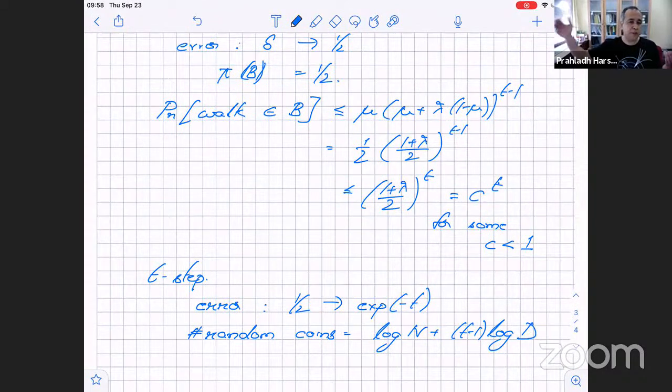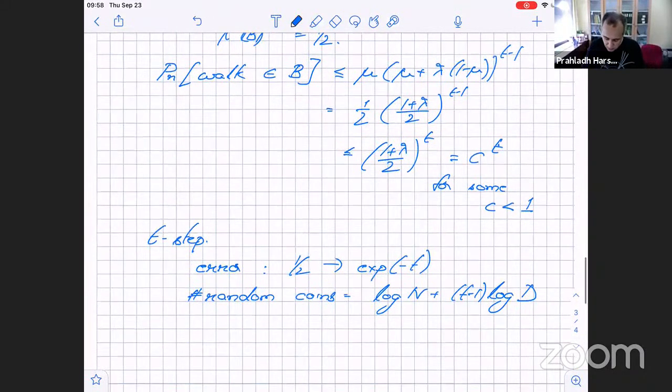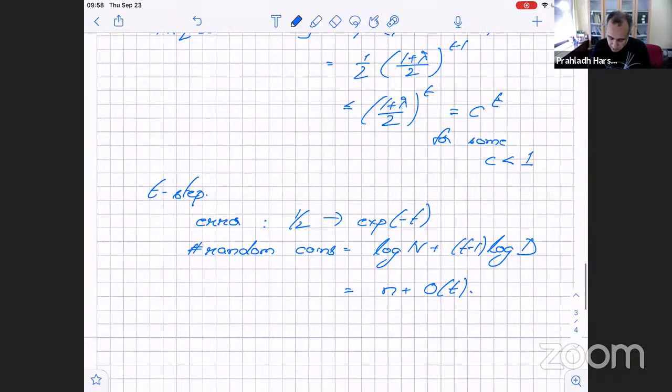For each step, you have to pick a random neighbor, which involves picking a random number between 1 and d. For d constant, and n being 2 to the power n, this is n plus order t. And the number of iterations is t. So that's what you have to take away from this one.